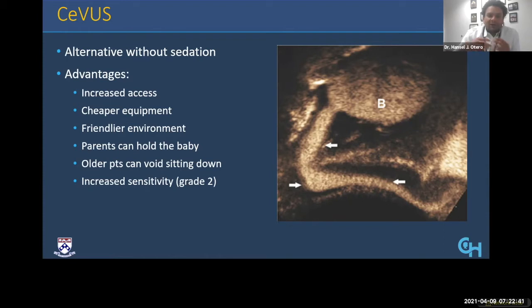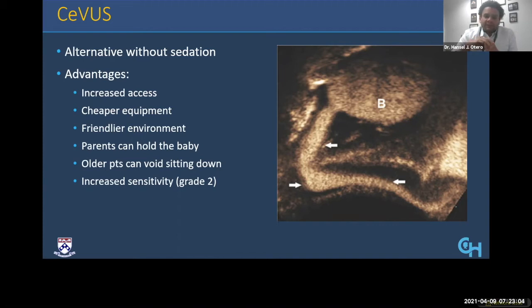If you know how fluoroscopy rooms work, the machine is big and makes noises, and the camera is really big and hovers over the baby. This is a much friendlier environment, just your regular ultrasound room with no special preparation. Again, in small babies, the parents can hold the baby, and that is an advantage.